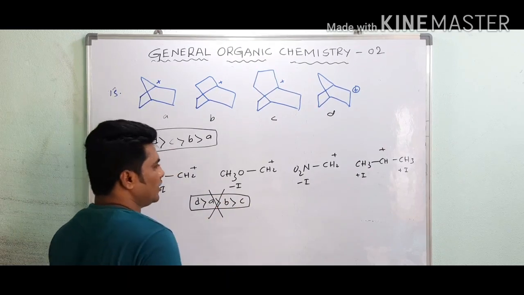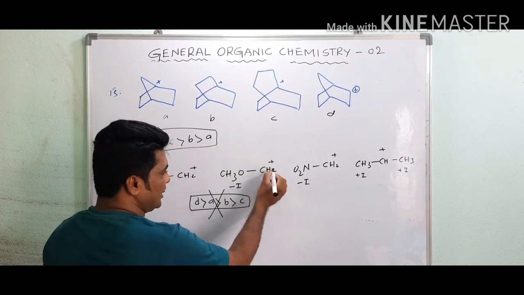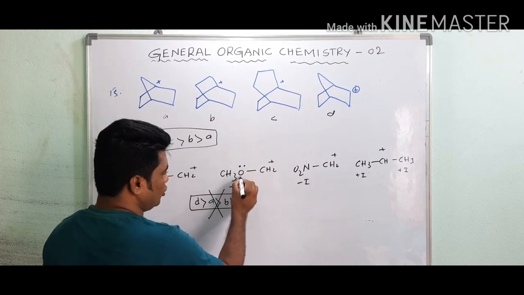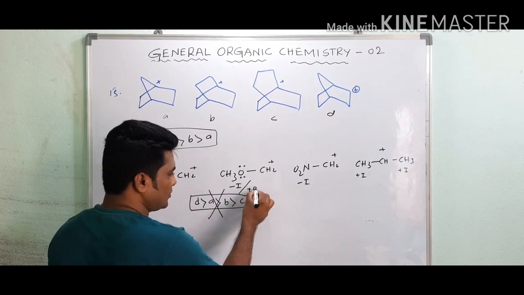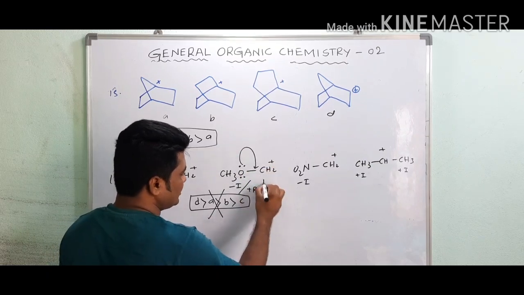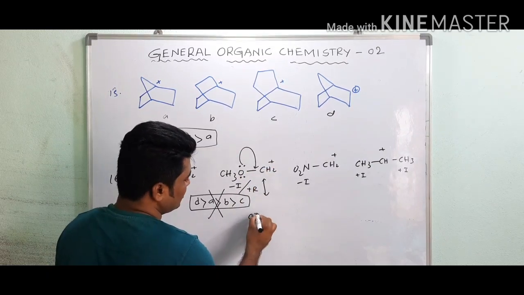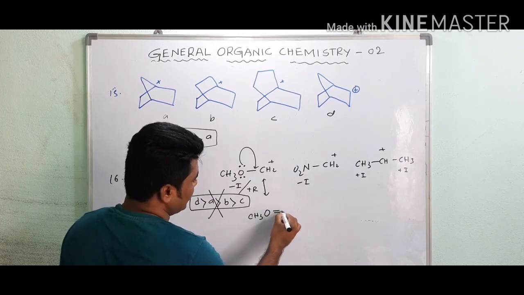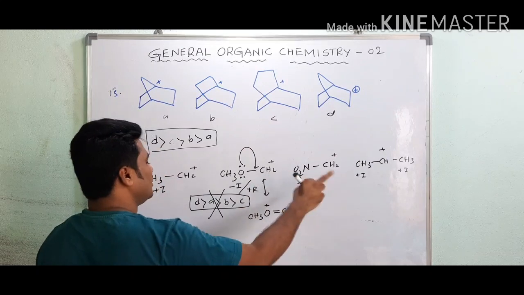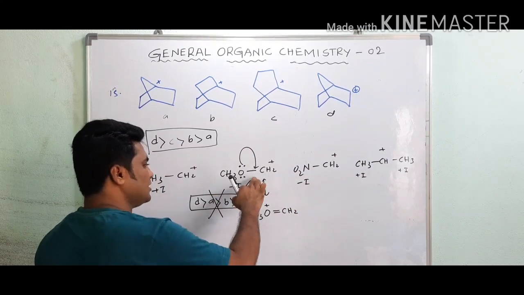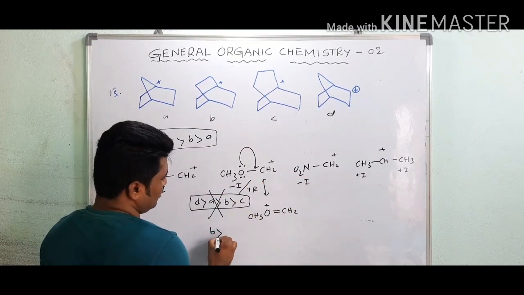Why? Because I said already, when a lone pair is adjacent to a carbocation, see here, oxygen has a lone pair. Here the inductive effect is there, and also the resonance is there. Easy delocalization, resonance is there, see. It will give the lone pair to this carbocation and be stabilized. The octet is complete. Among these four, this is the most stable. So B, lone pair.